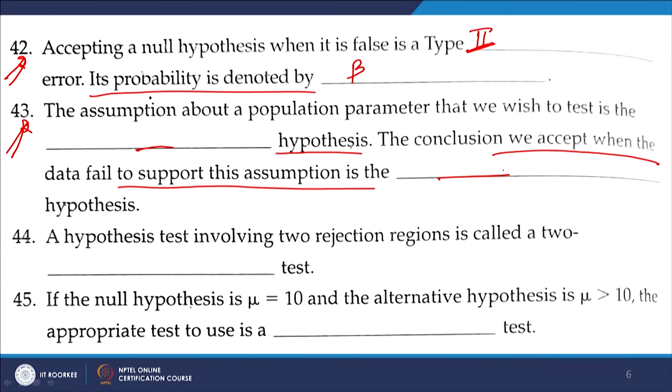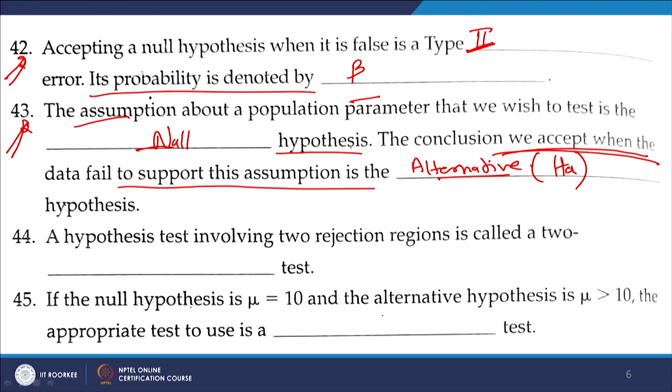The assumption about a population parameter that we wish to test is null or alternative? It is null hypothesis. The conclusion we accept when data fail to support this assumption is the alternative hypothesis. We also represent it by H1 or HA.